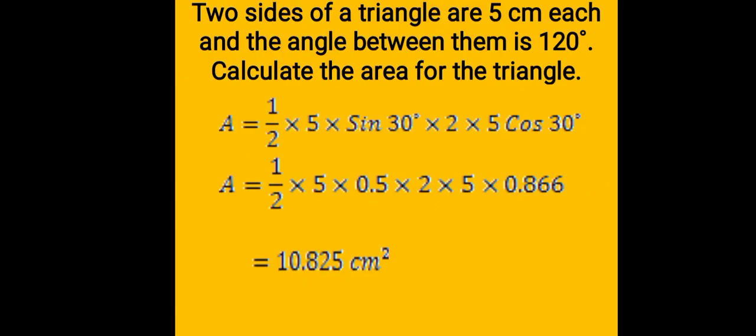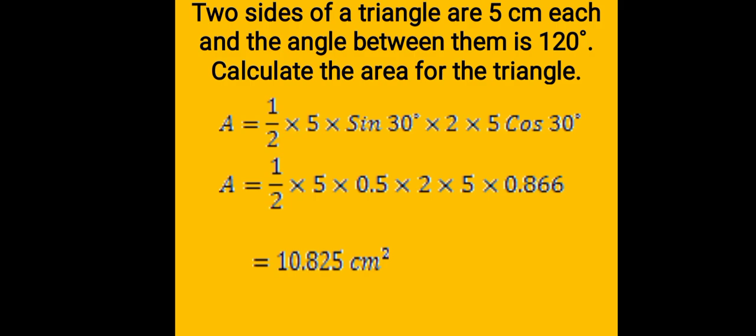Two sides of a triangle are 5 centimeters each, and the angle between them is 120 degrees. Calculate the area for the triangle. Now, the area for the triangle can be taken to be a half base times height.